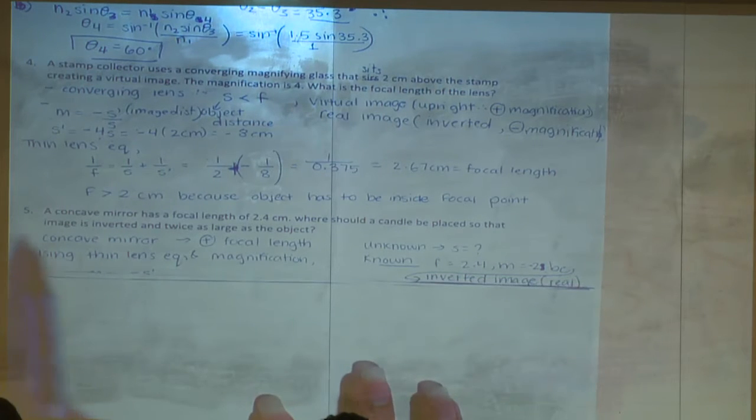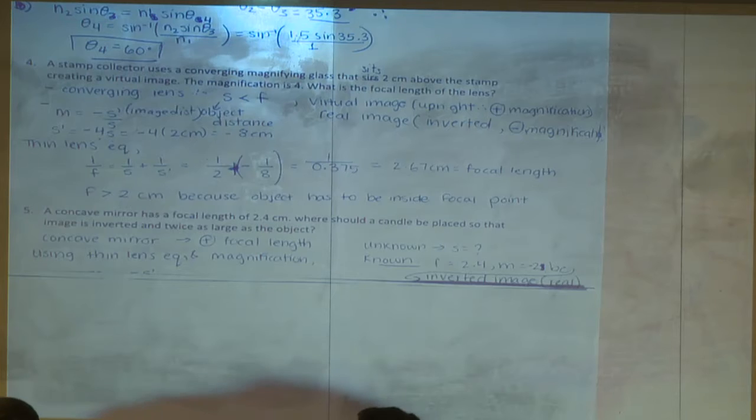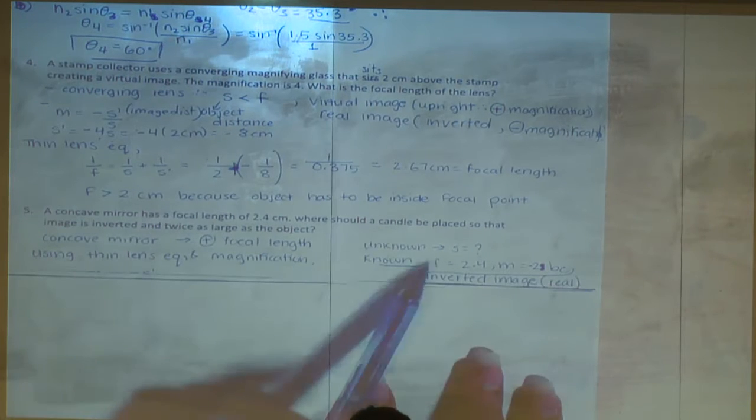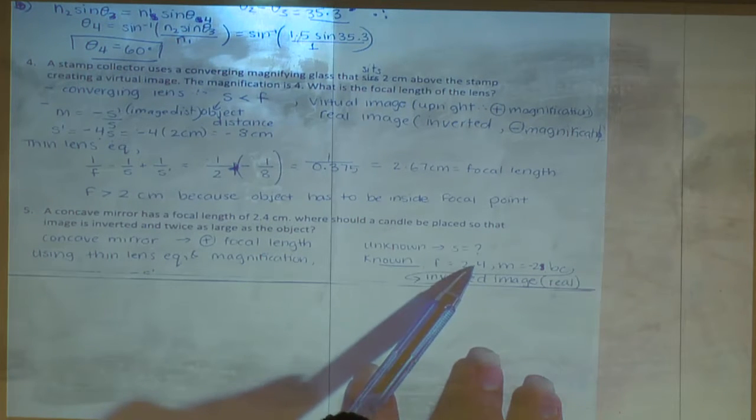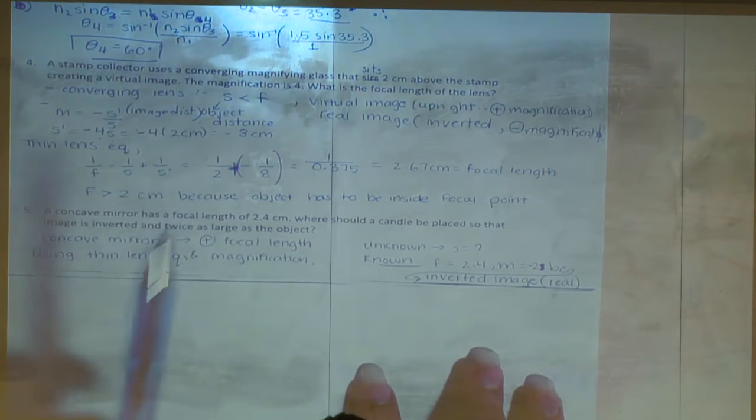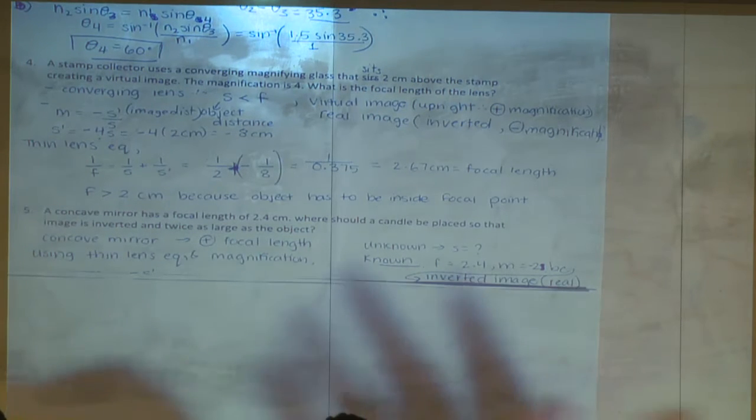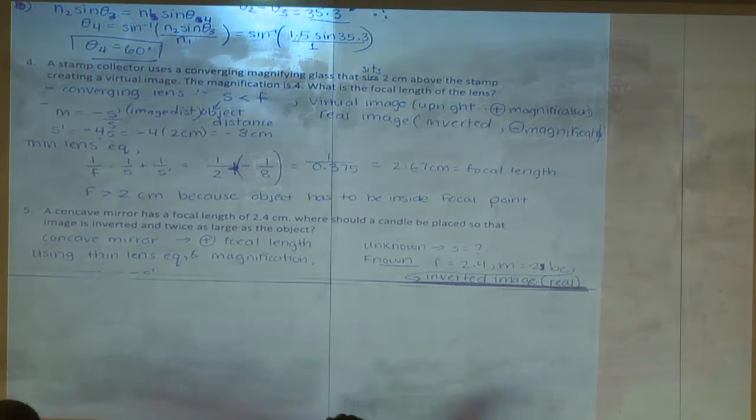With a concave mirror, we're going to have a positive focal length, and our unknown here is the object distance, because we need to know where should the candle be placed. Therefore, what we're looking for is the object distance and not the image, because it's already given to us. Oh, just kidding, it's not given to us. We're given the focal length. But we can still calculate that because we have the thin lens equation.